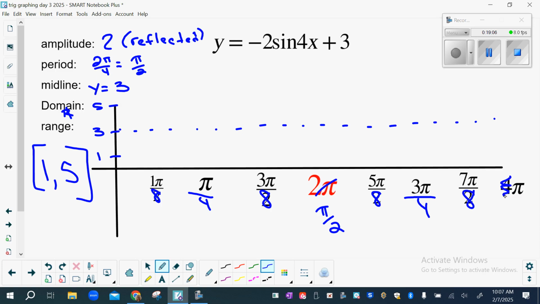Sine starts at the midline, but in this case, it's reflected, so we go down first. So imagine you're swimming away from the dolphins, and you're going to be like, oh, shoot, I'm going to dive under this wave first to try to get away from the killer whales that are coming at you. They don't really eat people. They eat seals, though.